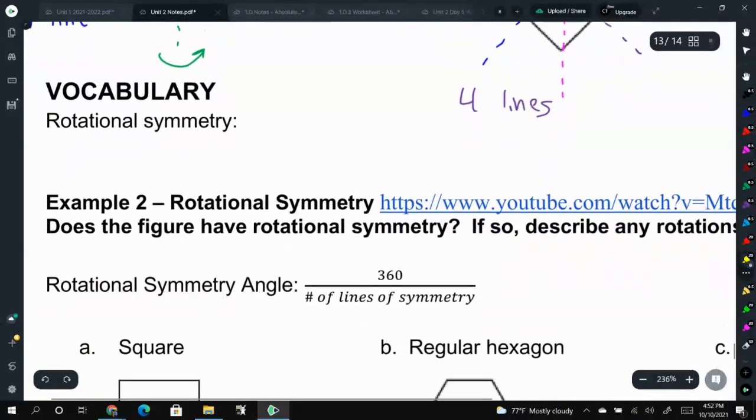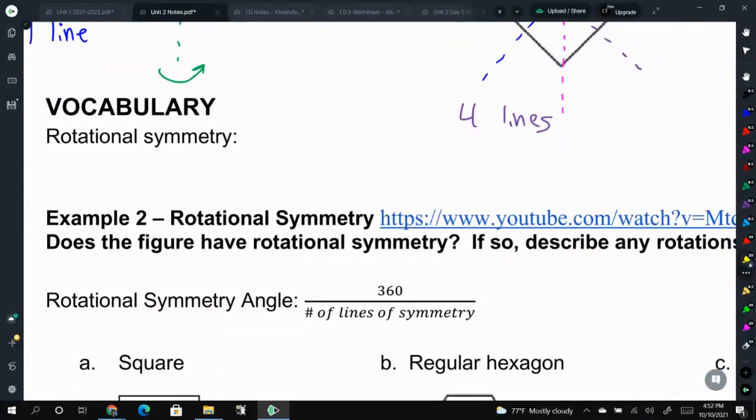Now let's look down here and talk about rotational symmetry.